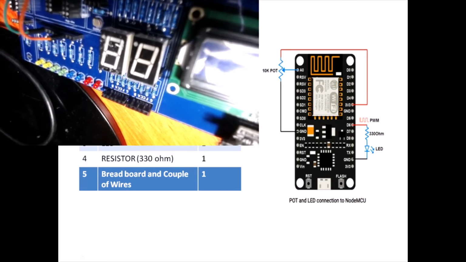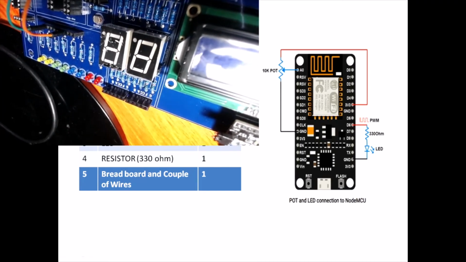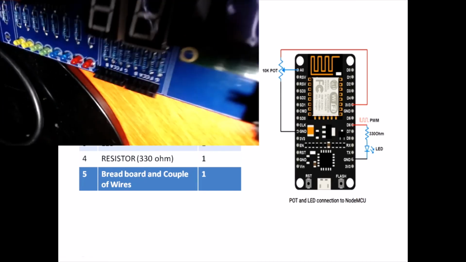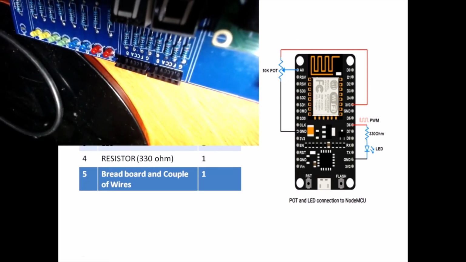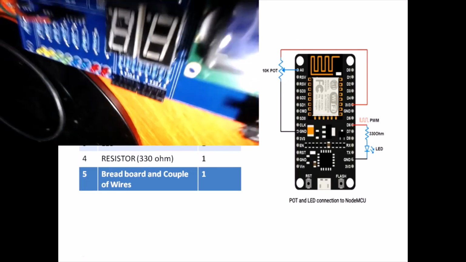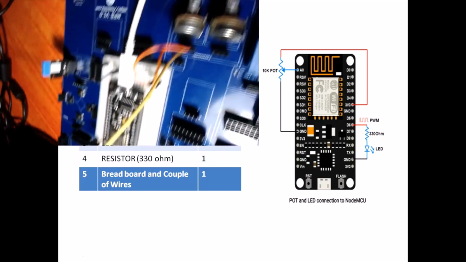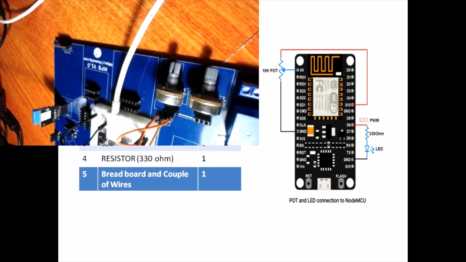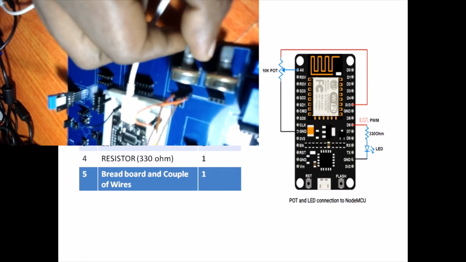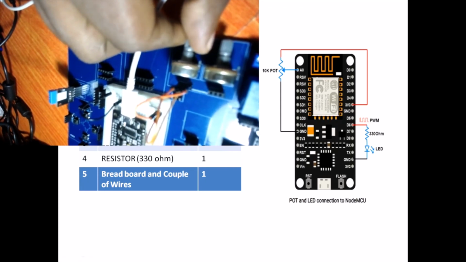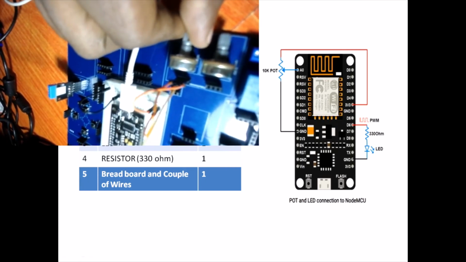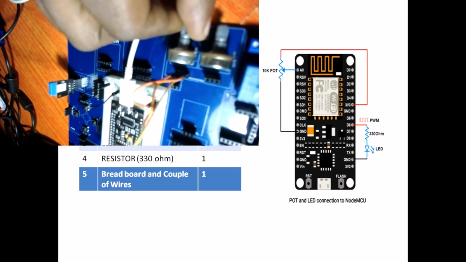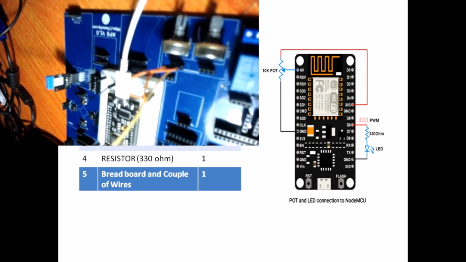So here we are going to use one of these LEDs, this blue one. As you see here, this potentiometer can be varied, so the change will be seen when we modify this potentiometer.